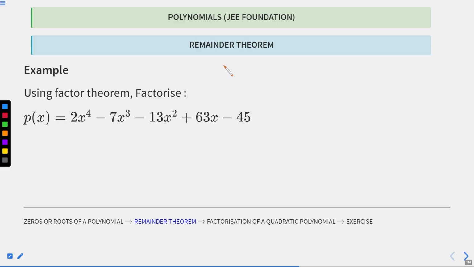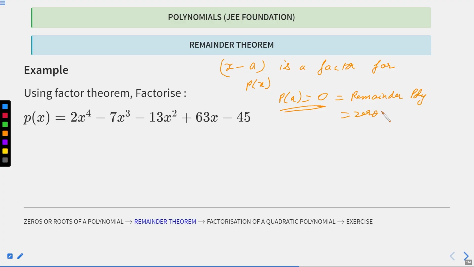If x minus a is a factor of a polynomial px, then p of a will be 0, or we can say the remainder polynomial will be the 0 polynomial. I hope this is clear to you.